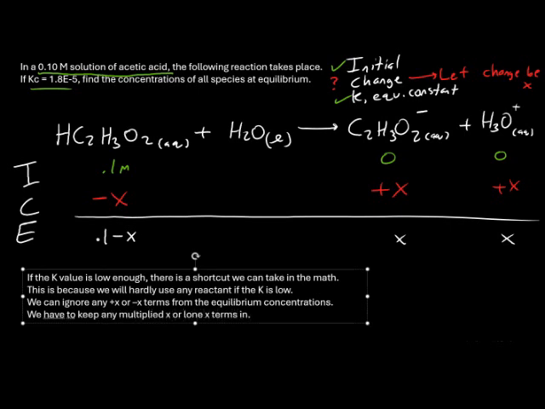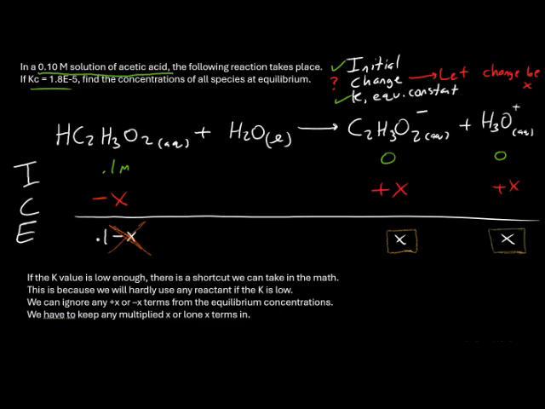What this means is that when we write our equilibrium constant equation, this 0.1 minus x becomes just 0.1. We can safely ignore the minus x. However, these x's that are by themselves, let's keep those where they are. Any lone x's or multiplied x's stay the same, but plus x's and minus x's we can ignore.